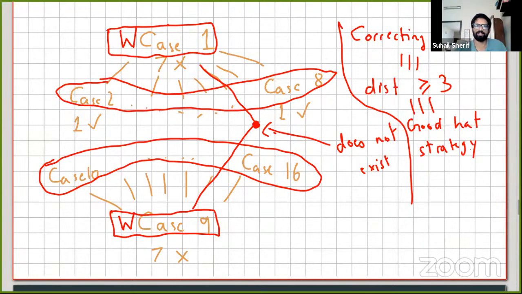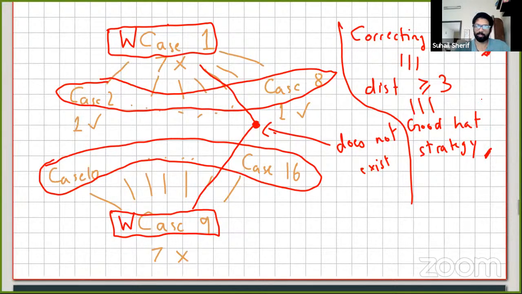And that's crazy. And it's all because of this distance. Distance is a property that comes up in many places in maths, and we will see it again at some points in this course. And because it comes up in so many places, if you have figured out how to correct errors well, you can do hat strategies well.